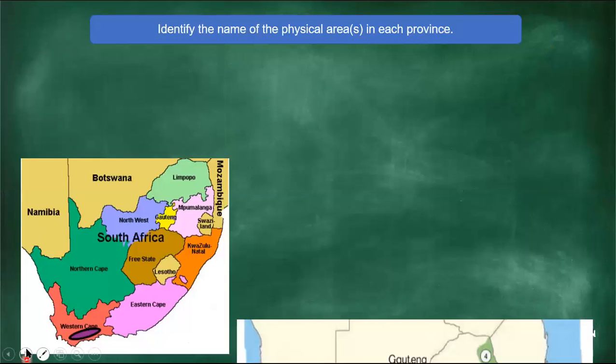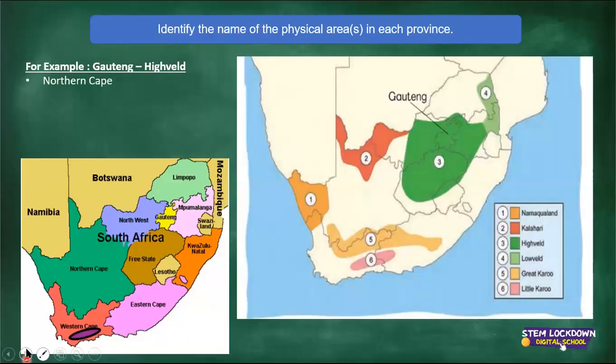I had another classwork for you, but we are out of time. So please take this screenshot and do it as homework. I want you to identify the physical areas in each province. Take a screenshot of this, write it down, then take a picture and send it to me.